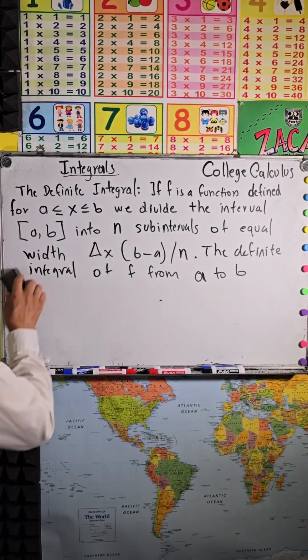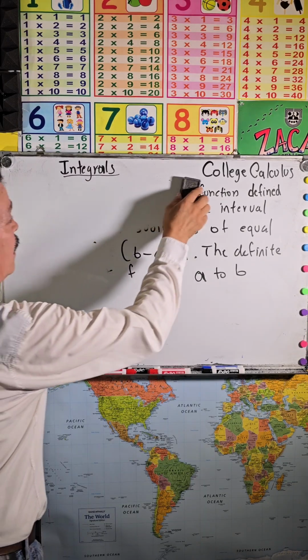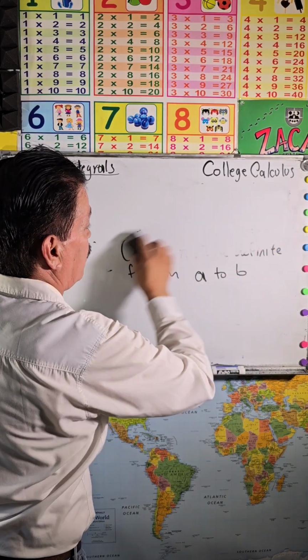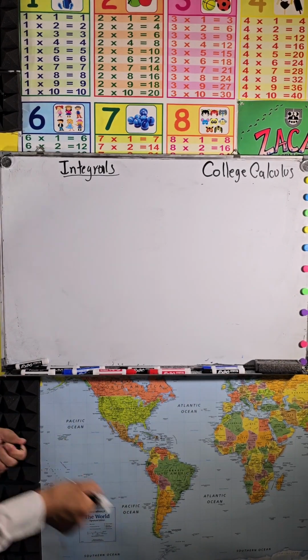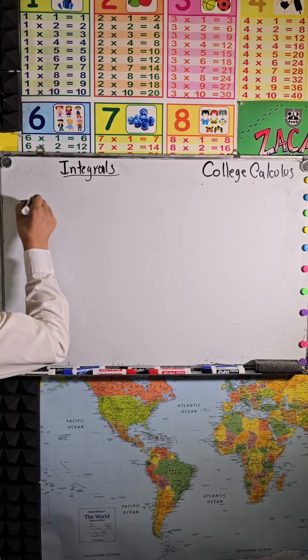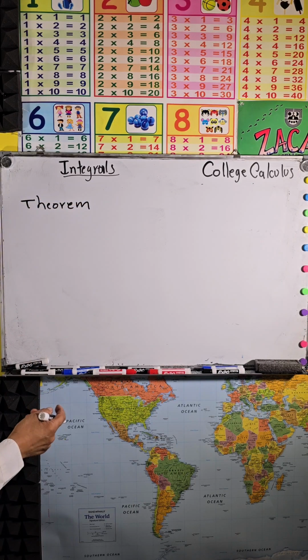So let's erase the definition of the integral, and then let me write another key. Another key thing we have to know is the theorem. What do I mean by the theorem?